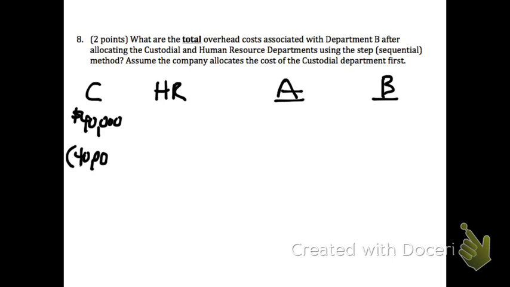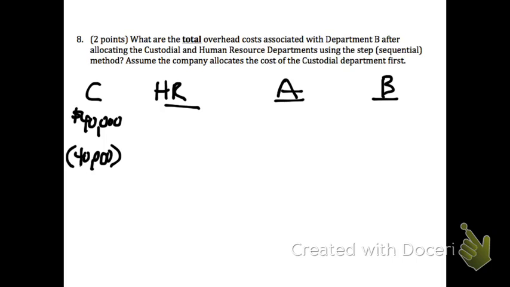Custodial, then human resources will be allocated next, and those will be allocated to Department A and Department B. Again, custodial starts with a cost of 40,000. I didn't leave myself very much room here. The custodial cost will be allocated out of custodial into human resource, Department A and Department B.